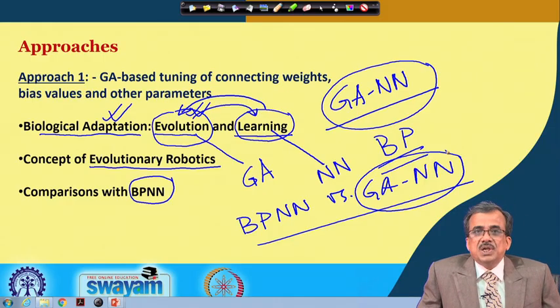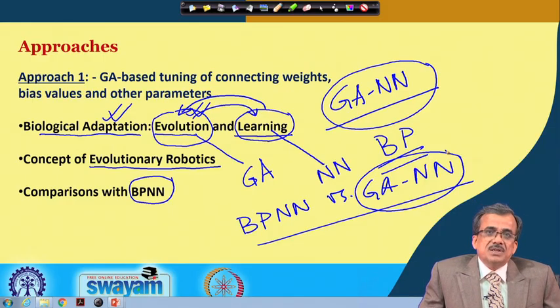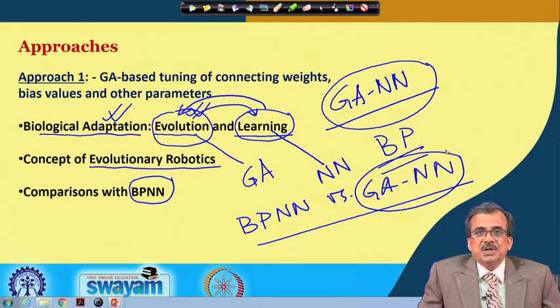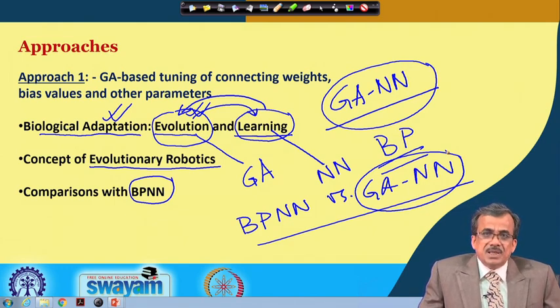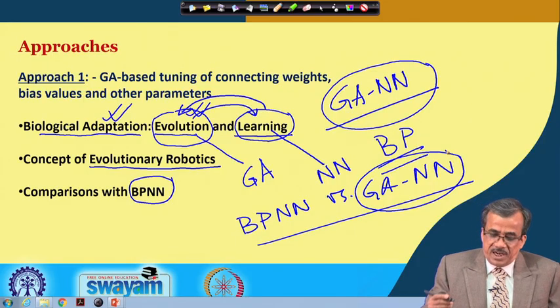Now, if you see the literature on genetic algorithm, we have different versions of genetic algorithm. I am not going to discuss those in detail in this course, but they are available in the textbook used for this course.